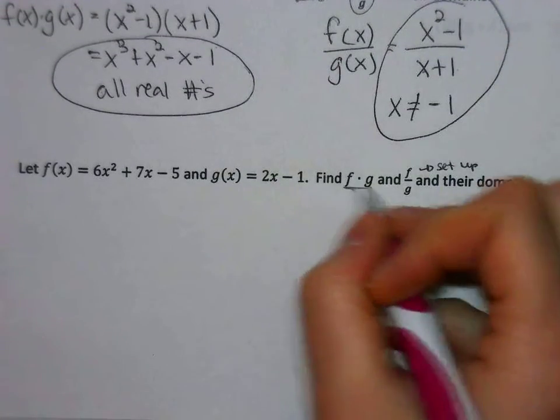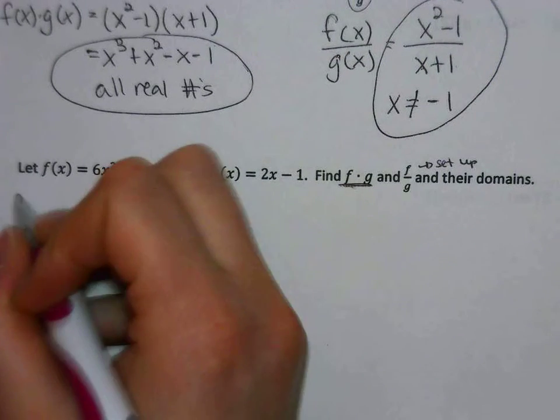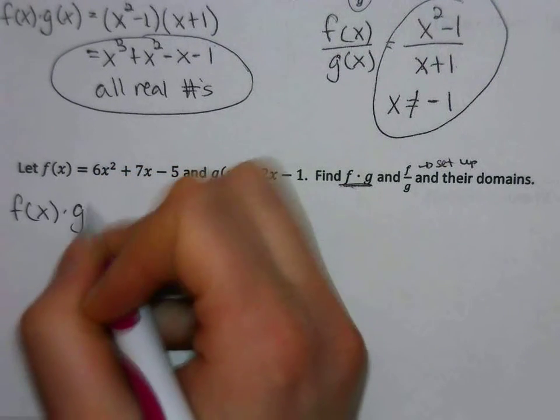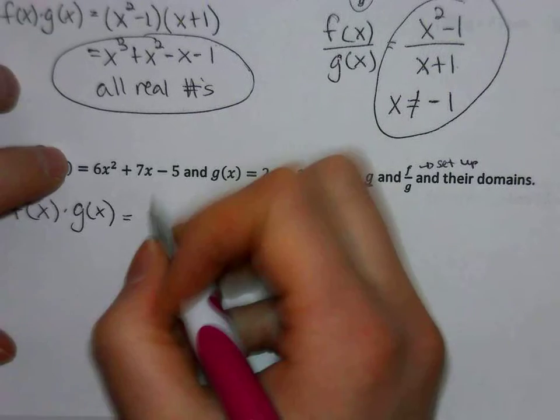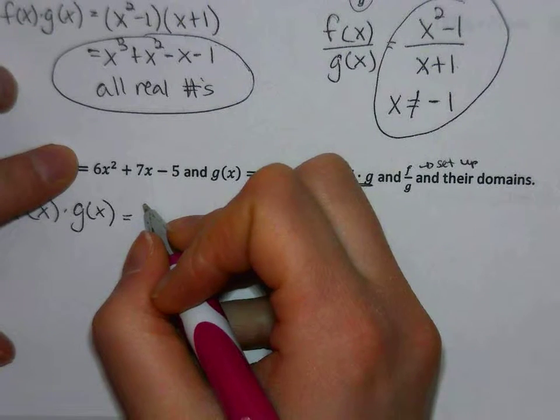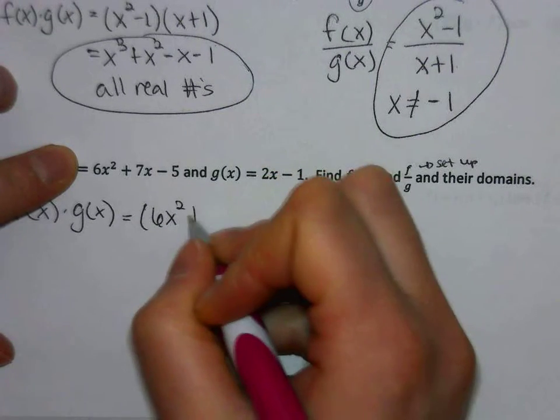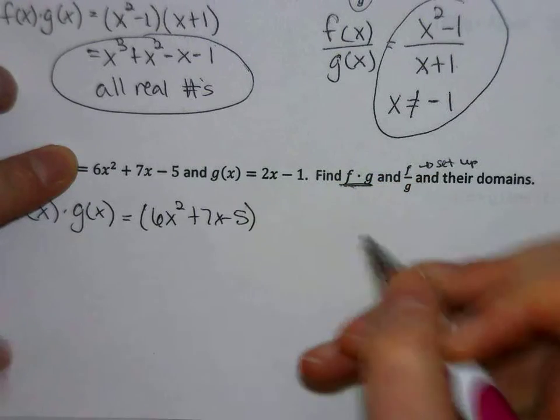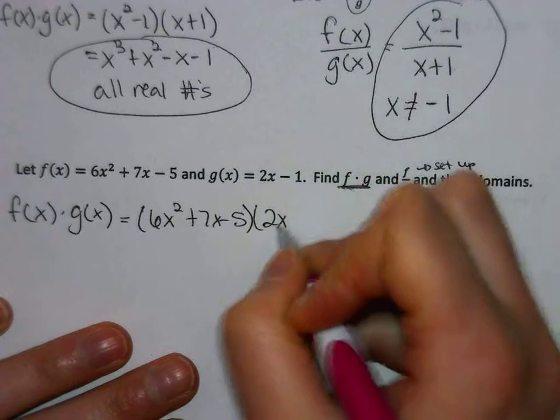Alright, last example is for multiplying and dividing. If we multiply f of x times g of x, it's going to equal 6x squared plus 7x minus 5 in parentheses times 2x minus 1.